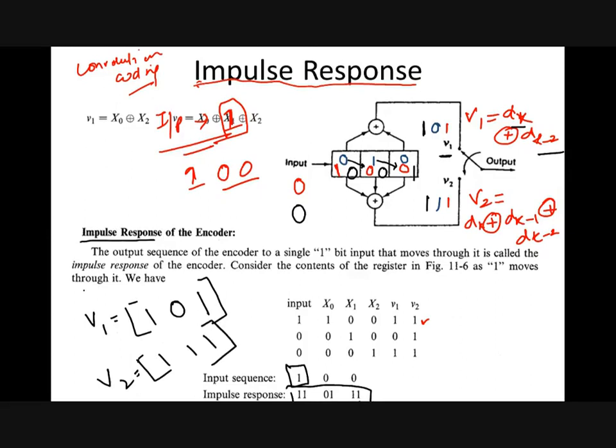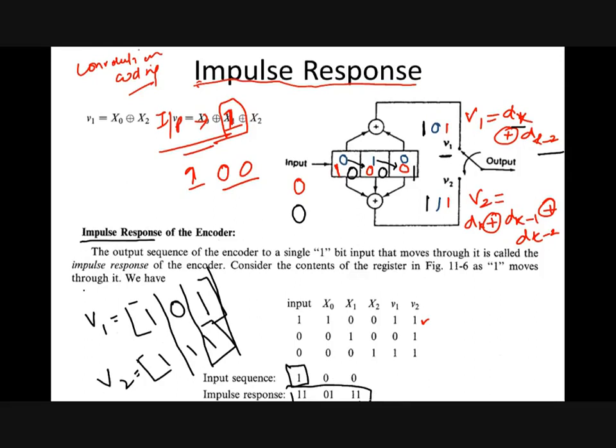Writing one component at a time, that is 1 1 1 0 1 1 1. So this impulse response is written just by seeing one column at a time. So 1 1 gives me 1 1, 0 1, and 1 1.